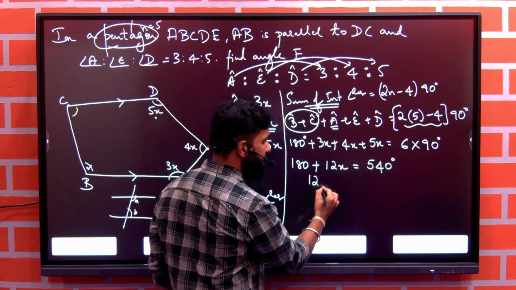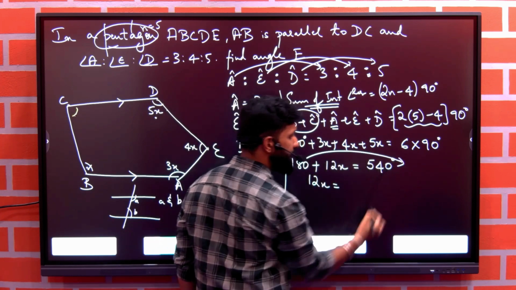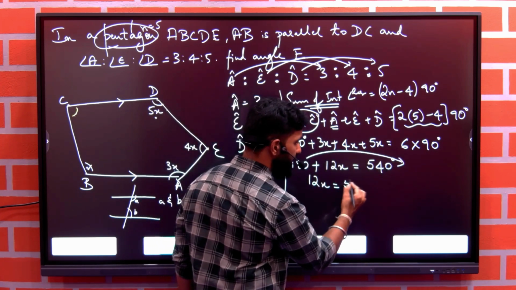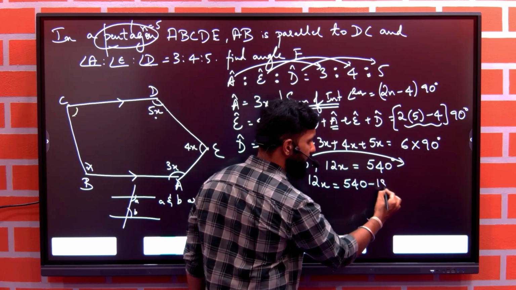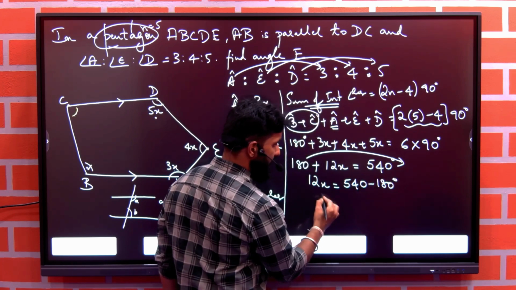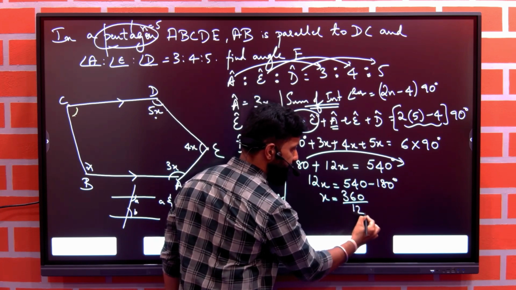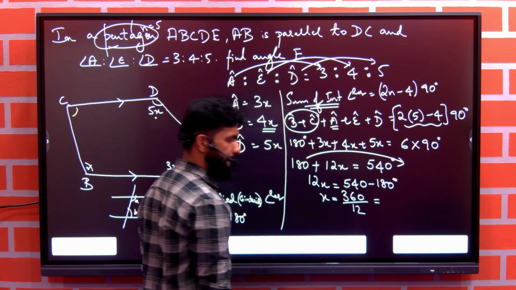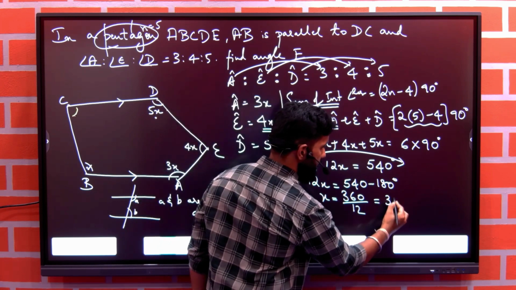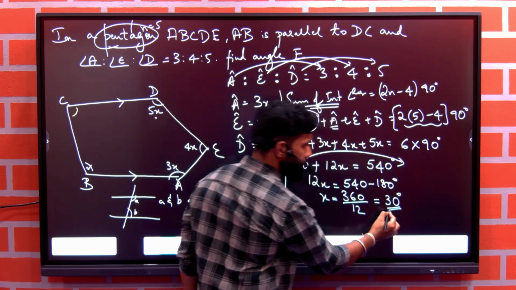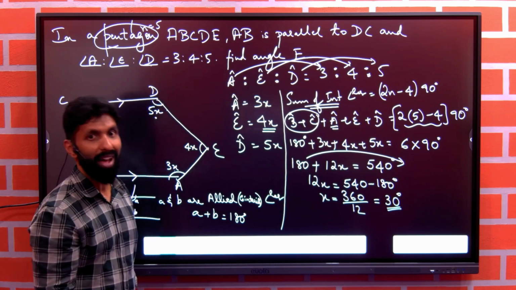Now 12x is equal to, shift the 180 degrees to the right side, so 540 minus 180. So x is equal to 360 divided by 12, which is 30 degrees.